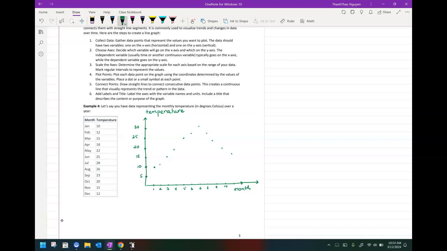And December is 12. So we can see this is the line graph that we come up with. Okay. So what is the name of this chart? This chart is the temperature in 12 months.